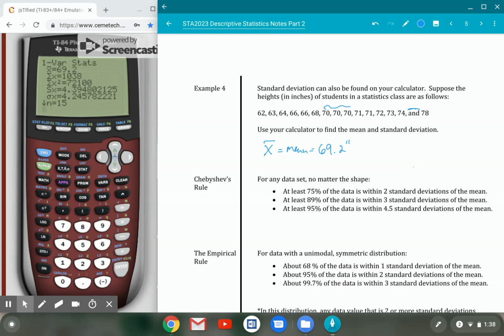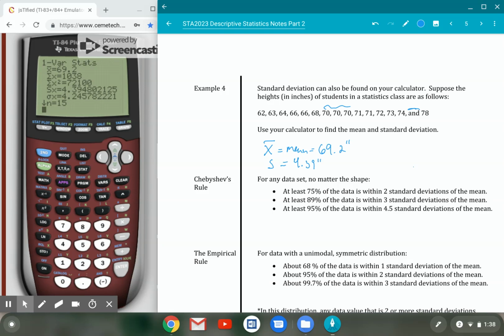And then the standard deviation is also on the calculator screen right now. It is the Sx, that 4.39 value. So the standard deviation is 4.39.